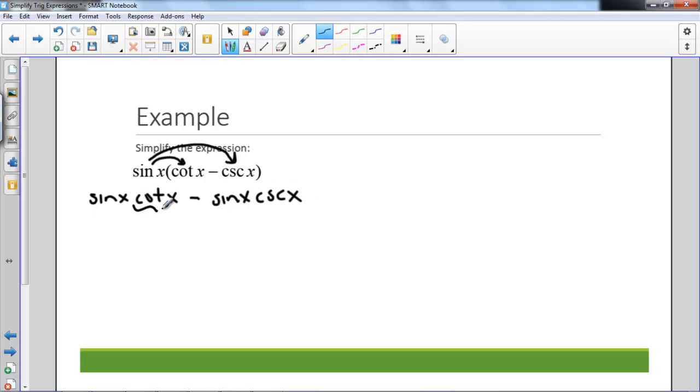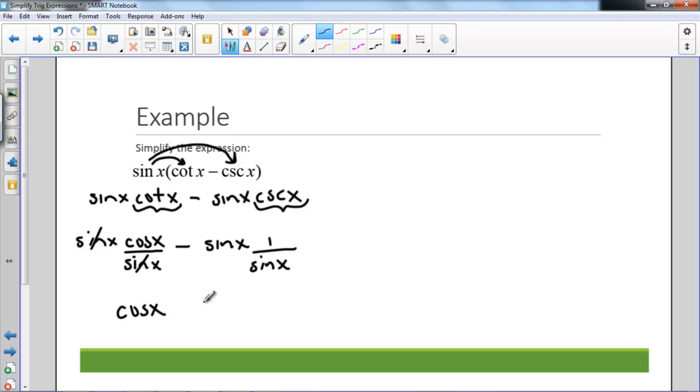I'm going to rewrite cotan x as cosine x over sine x, minus sine x. Do the same thing with cosecant x again, rewrite it in terms of its reciprocal function, 1 over sine x. Alright, so on this side my sines are going to cancel and I'm going to be left with cosine x. And my sines are going to cancel on this side and I'm going to be left with a 1.